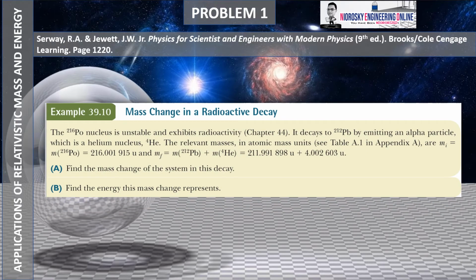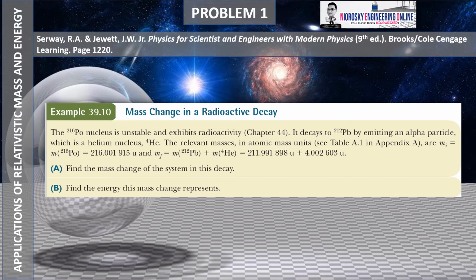So let me start first with this very good example, example 39.10, mass change in radioactive decay. So here is the problem. There is an element polonium with a mass number of 216, which is actually the sum of the protons and neutrons in the nucleus.